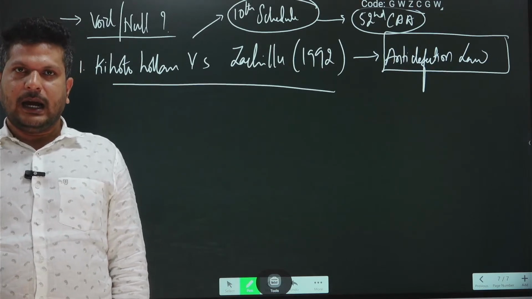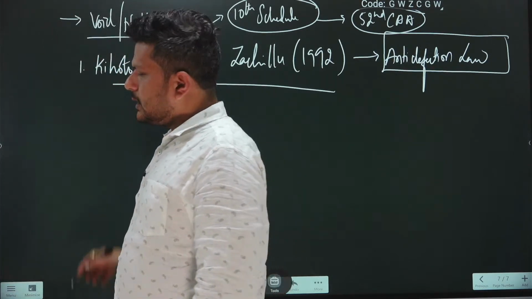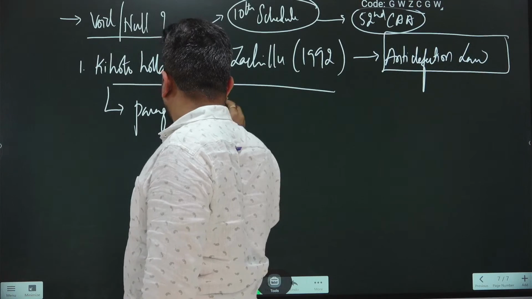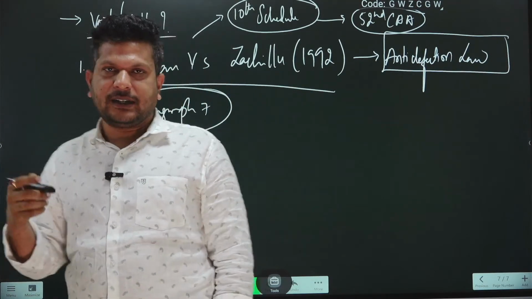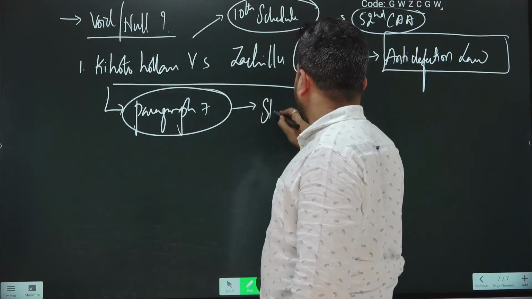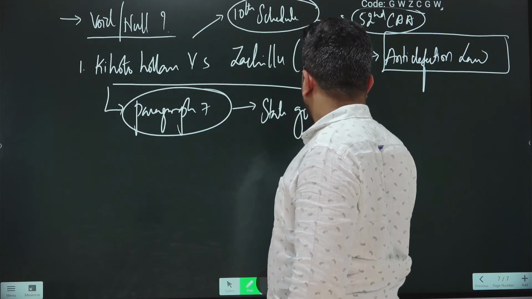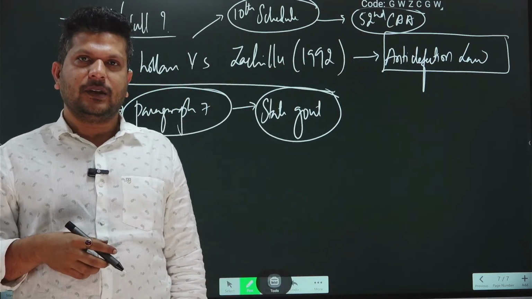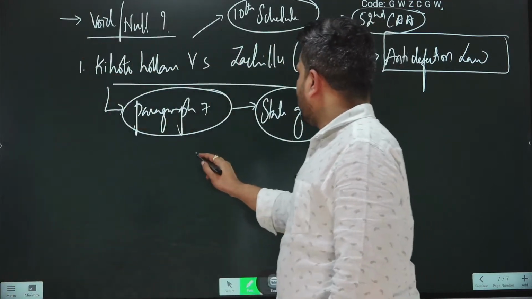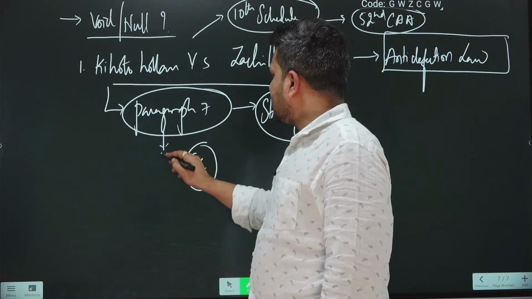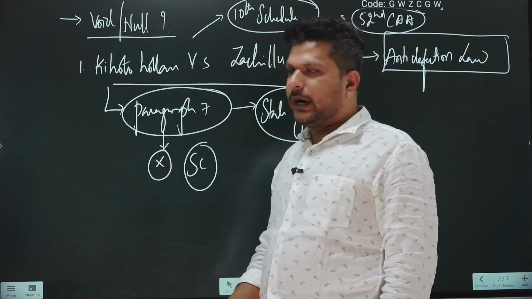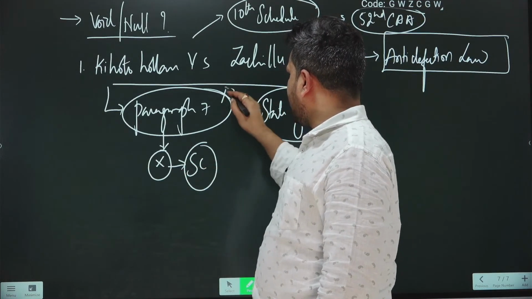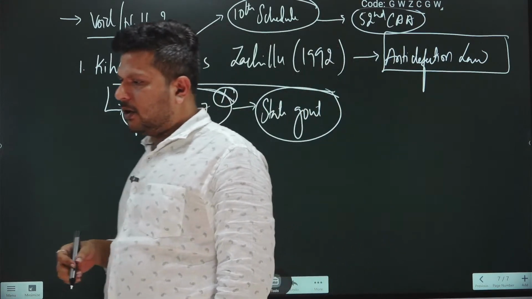When this law was brought in, there was a provision, para 7, which affected the working of the state governments, wherein the Supreme Court held that para 7 is invalid, null and void with respect to the basic structure of the Indian Constitution, and that apart from para 7, other provisions will be in operation.